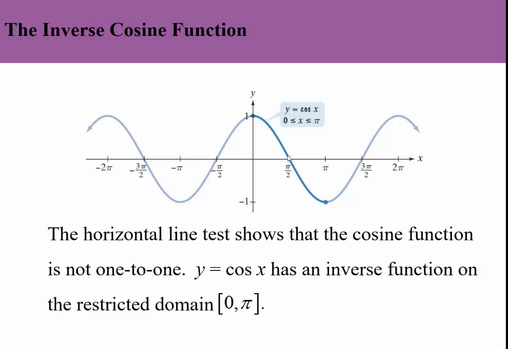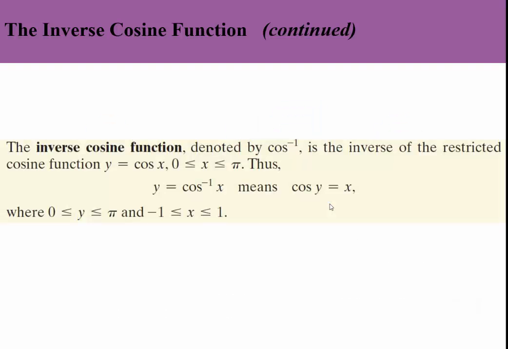So they're looking along this part of the curve. So the inverse cosine function, denoted by cosine to the minus 1 of x or the arc cosine of x, is the restricted cosine function y equals cosine of x for this x interval 0 to pi.